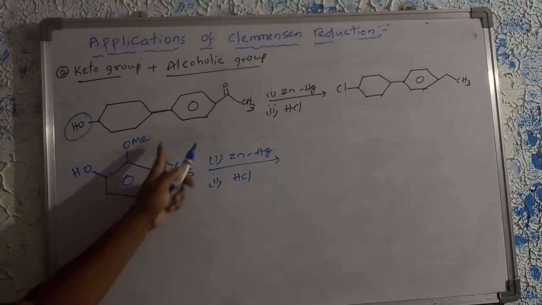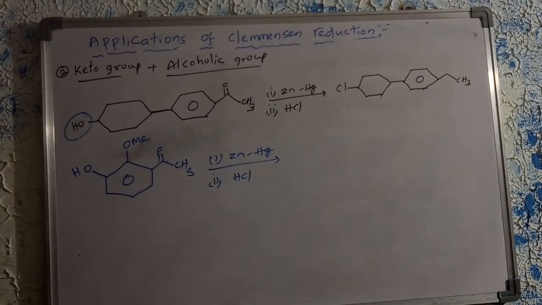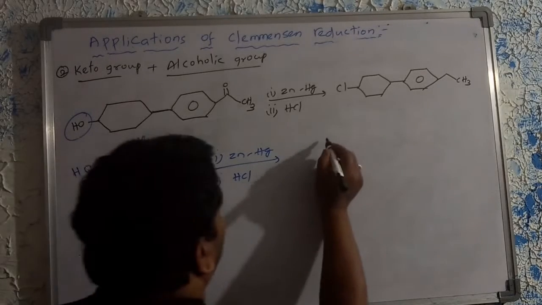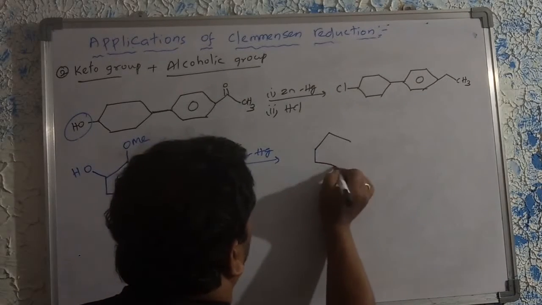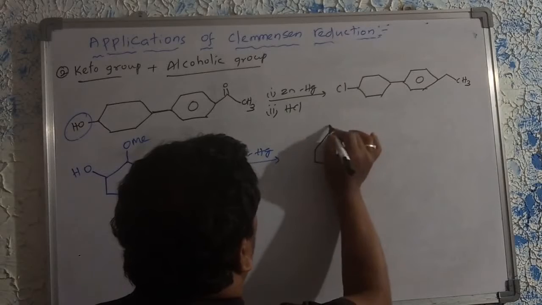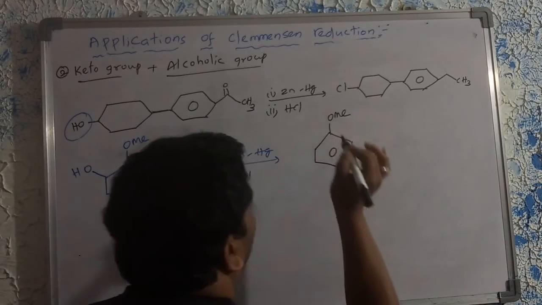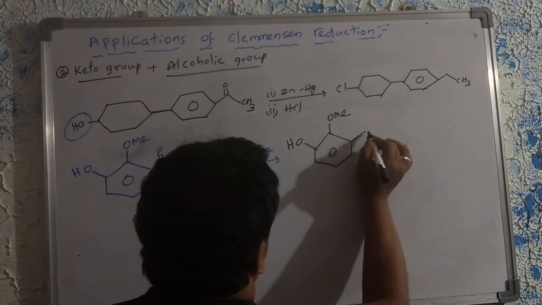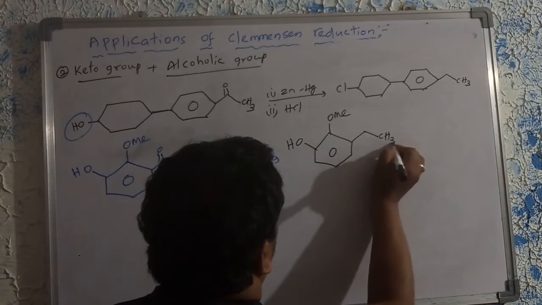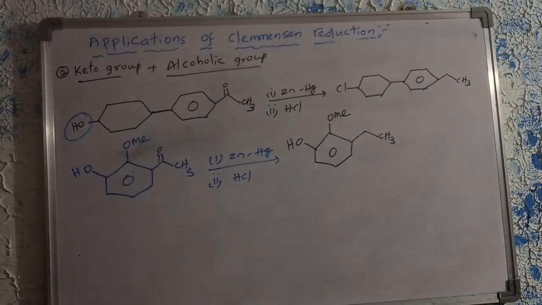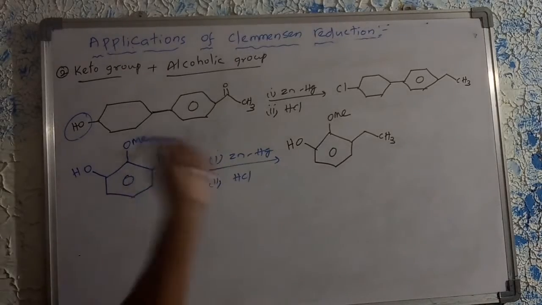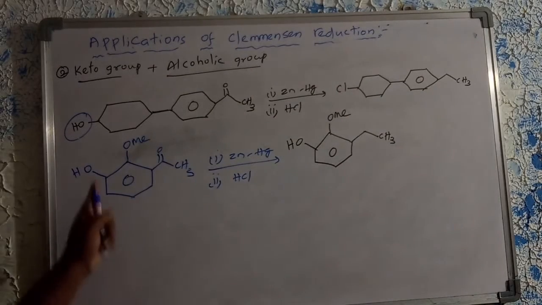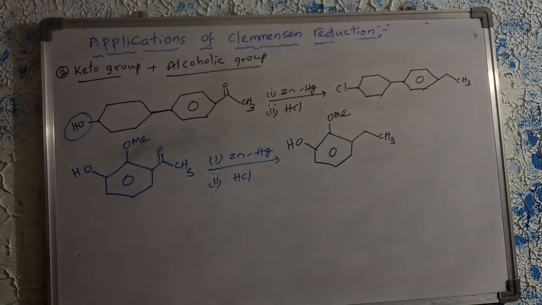So therefore only the carbonyl reduction takes place. The product is OMe, and there is no change in OH, means the substitution is not possible. Here only the C=O group is reduced into CH2. Remember, this is very, very important.